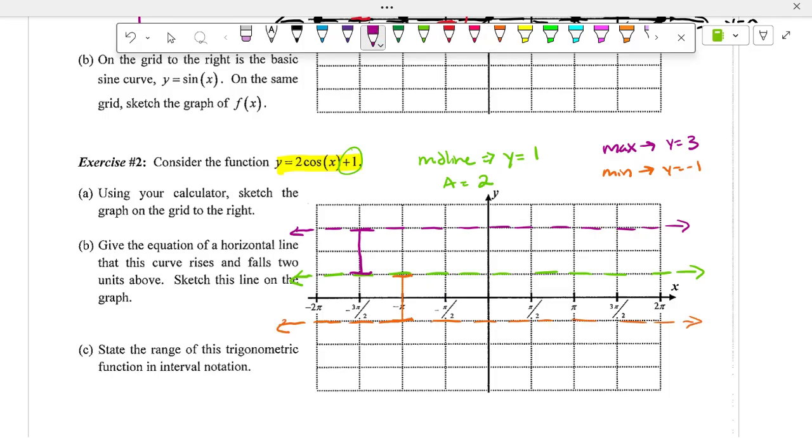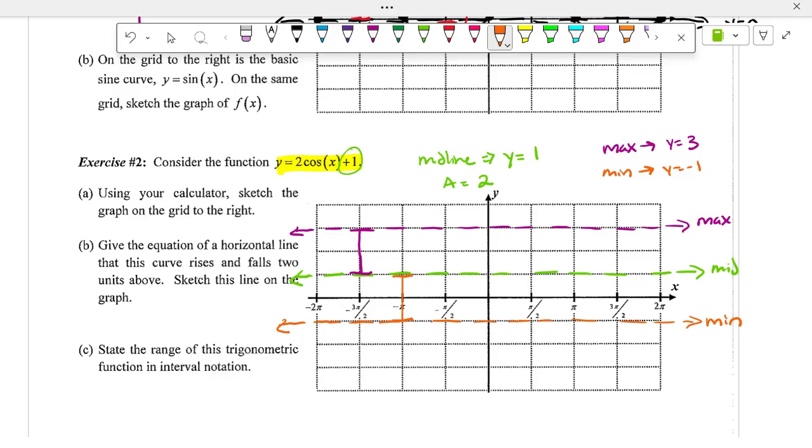If I label everything, this is my max, my mid, and my min. And guess what? Every last one of the points that I'm about to graph will fall somewhere between those 3 lines. In other words, they're going to hit every one of those 3 lines.